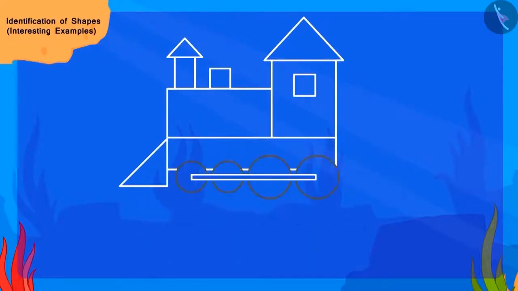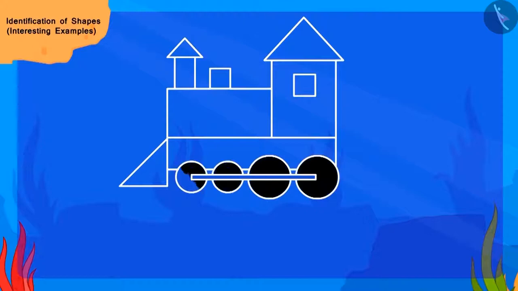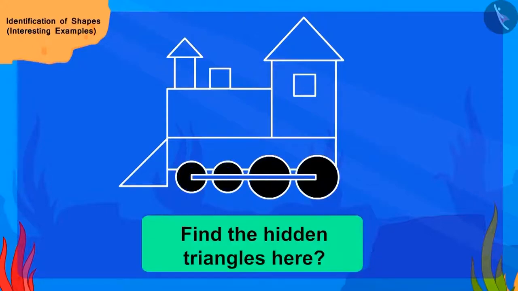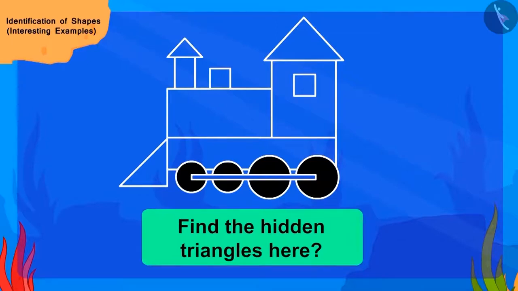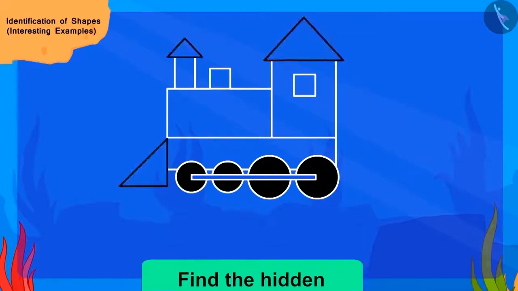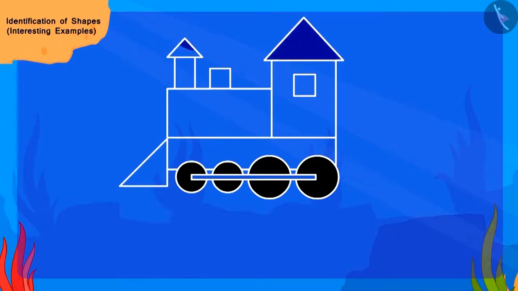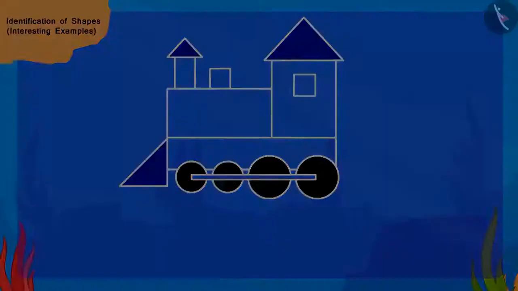Here are the shapes of our circle. We will color them in black. Now, can you find the hidden triangles here? Come, let us color them with blue color.